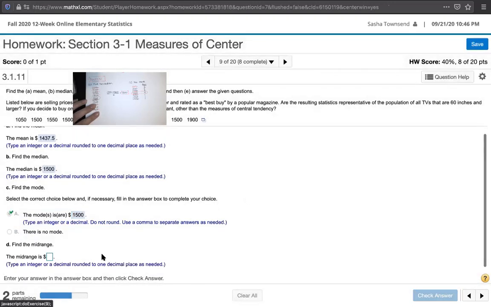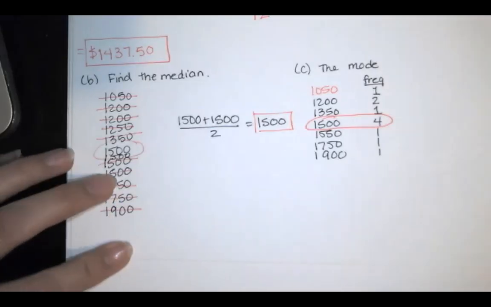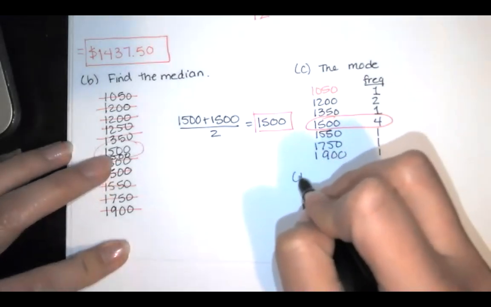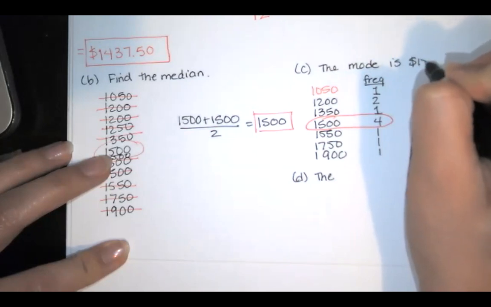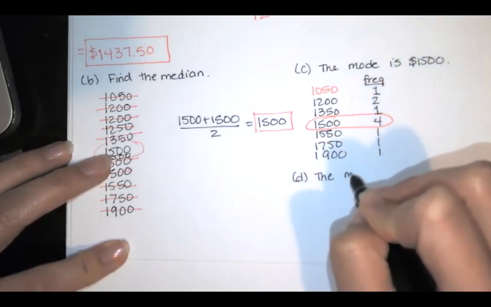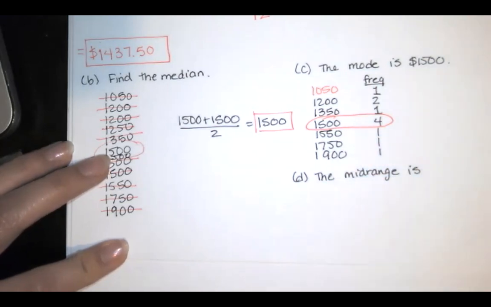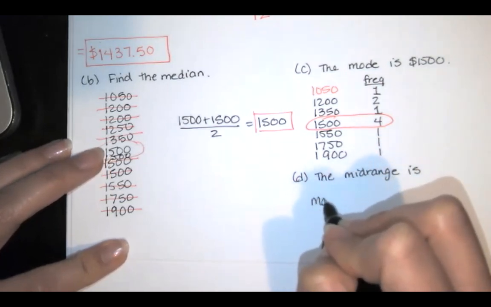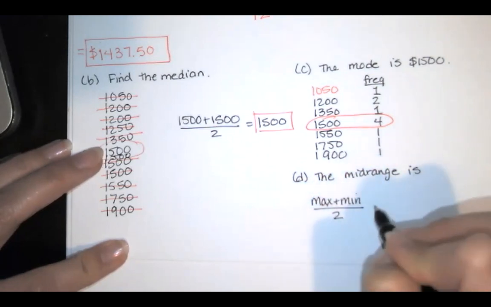Okay, and then we want the mid-range. Now we can find the mid-range by hand as well. And we just said that the mode was 1500. And remember how we do that. You take the maximum value and the minimum value on your list and you divide by 2.